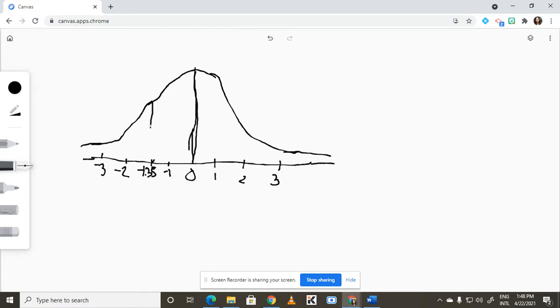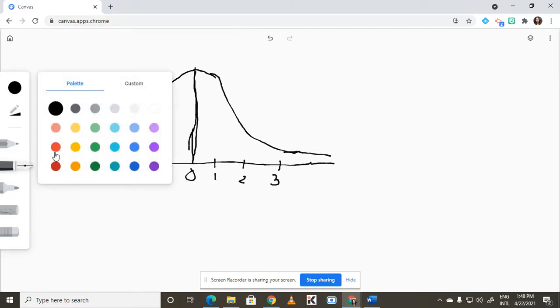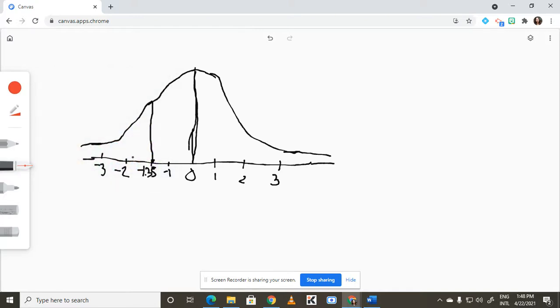Okay? Draw a vertical line and then shade the required region. So, pag sinabing shade the required region, ano bang sabi dun sa ating first example? Find the area that corresponds to the value of z which is below negative 1.35. So, pag below siya, nasa left side. Ito yung mas mababang mga values.